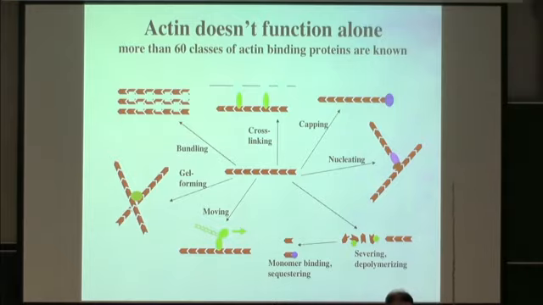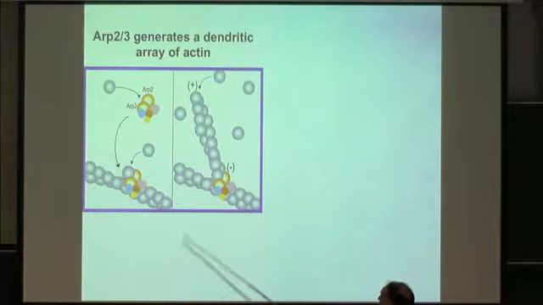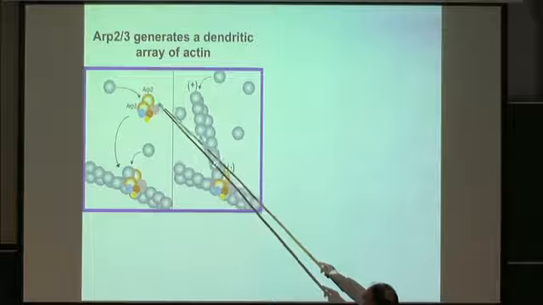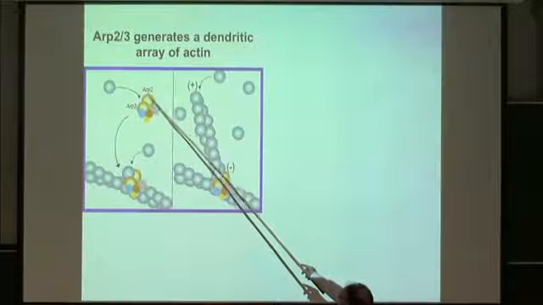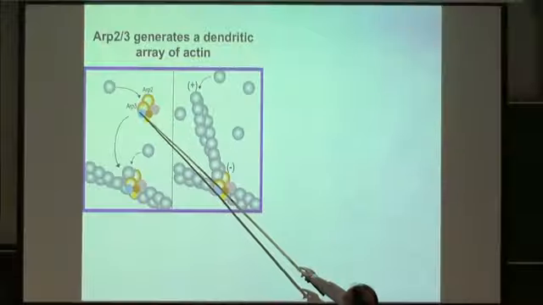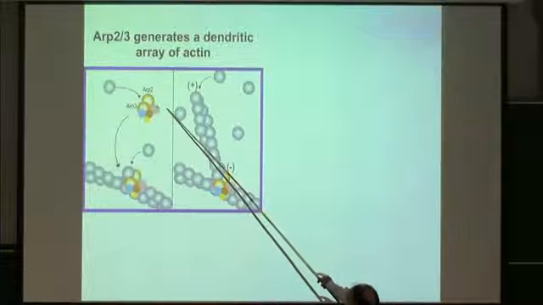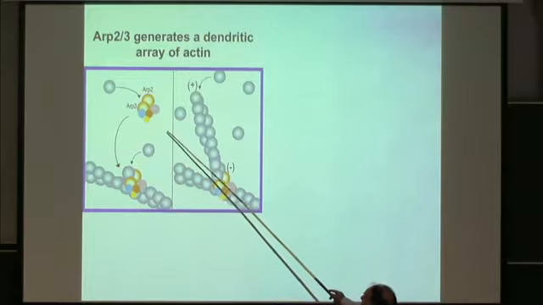Now, about nucleation, there are actually two devices that facilitate nucleation of actin filaments. One is the ARP2/3 complex, which already was mentioned here, and which consists of actin-related protein 2 and actin-related protein 3, which are really close relatives of actin, very similar to it, plus 5 other accessory proteins.